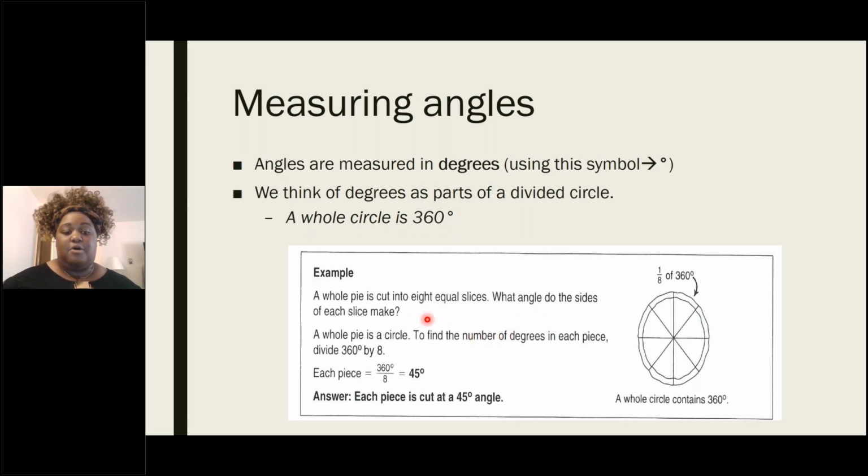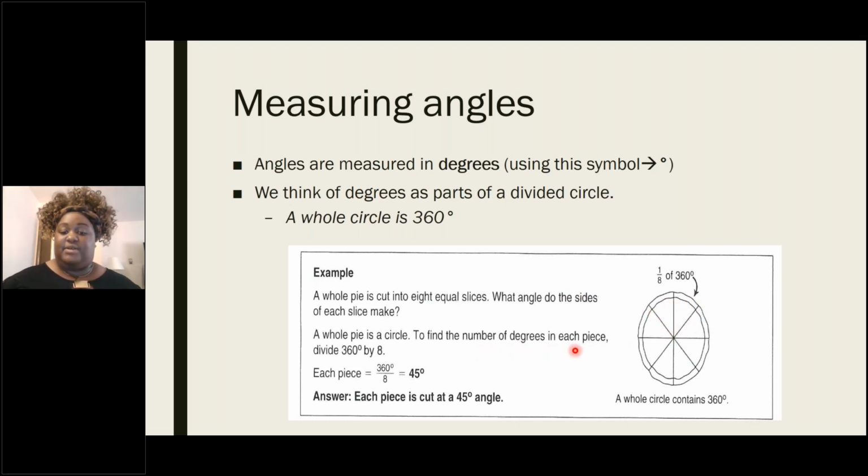They tell us a whole pie is cut into 8 equal slices, and they want to know what angle the sides of each slice make. So the first thing to note is that a whole pie, of course, is a circle, and they want us to find the number of degrees of each piece because we want to know what angle these pieces make.